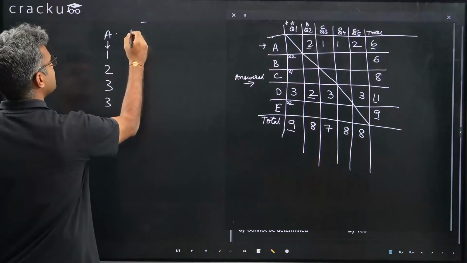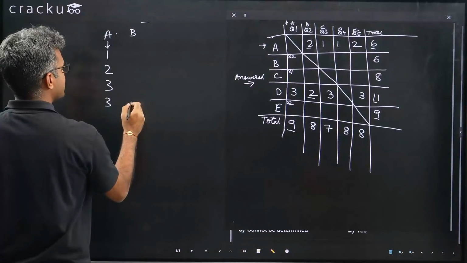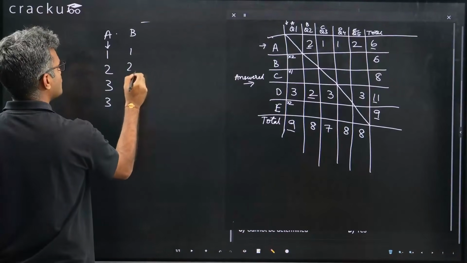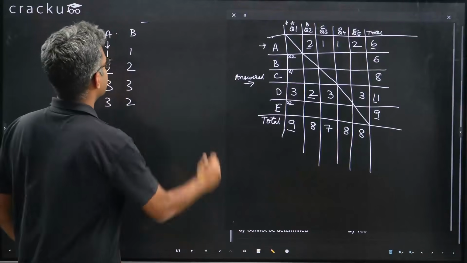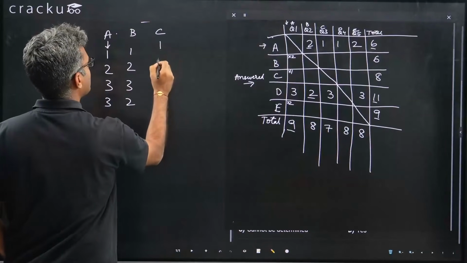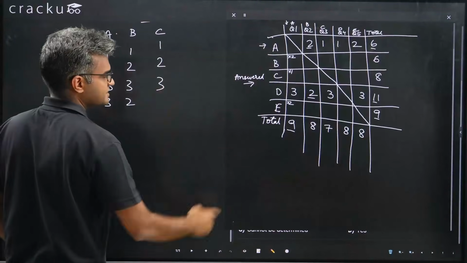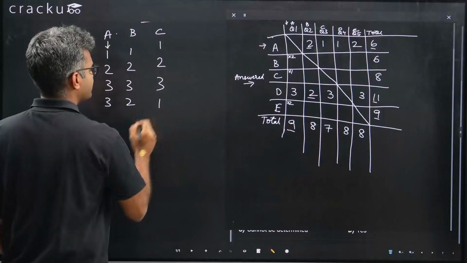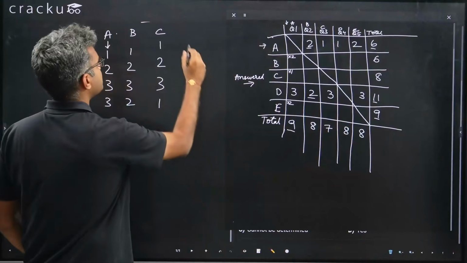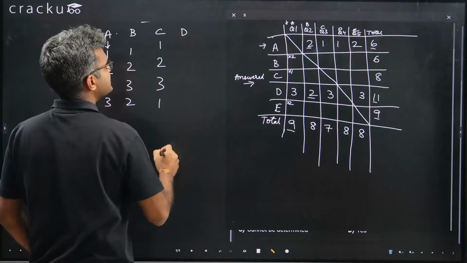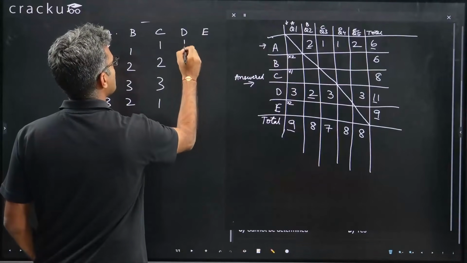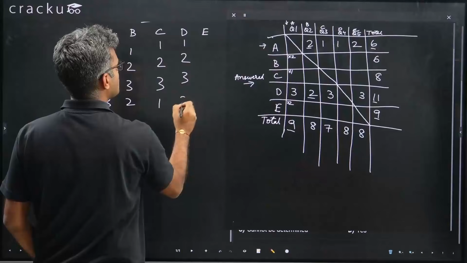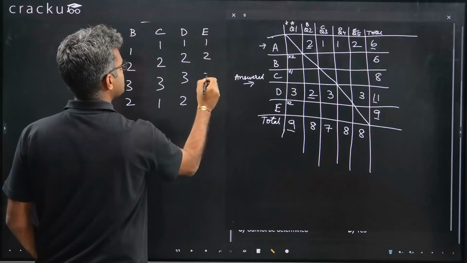Similarly for Badal, because the total is 8, like we discussed, it will be 1, 2, 3 and there will be a 2. For Clive, it will be 1, 2, 3, which adds up to 6, but because the total is 7, this will be a 1. For Dilshan, it is again 8 and same for Hassan. So it will be 1, 2, 3 and 2. For Hassan also it is 1, 2, 3 and 2.